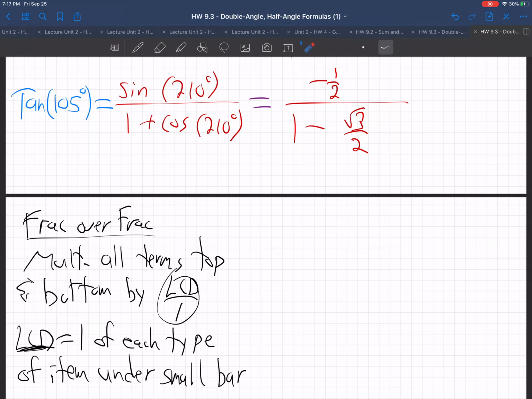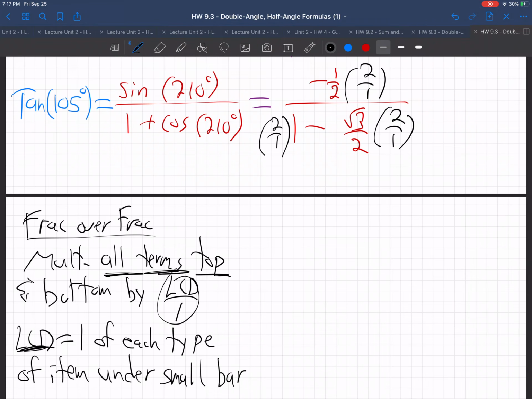So I look at all the items under small bars, not this major bar, just the small bar here and the small bar there. I got a 2 under that small bar and a 2 under that small bar. So all I've got is 2. 2 is the LCD, and so I'm going to multiply by 2 over 1. But don't forget all the terms, top and bottom, by LCD over 1.